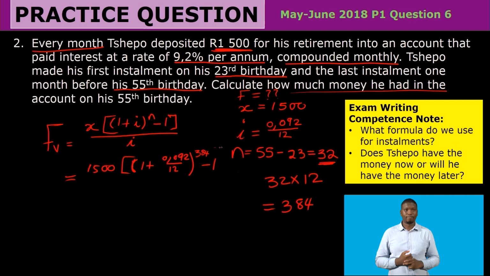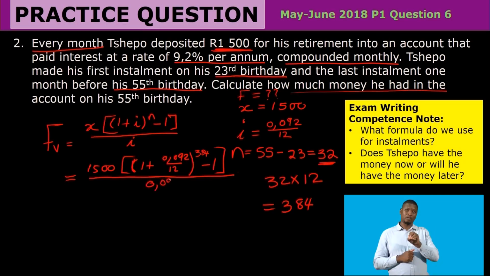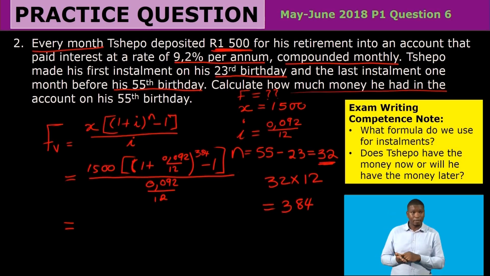And as for the rest of our formula, we are going to close that bracket, and that is going to give us a value, and that is going to allow us to divide the whole numerator by 0,092 divided by 12. Do not forget that bottom part. Now, when we place everything into our calculator, remember your calculator is a device.